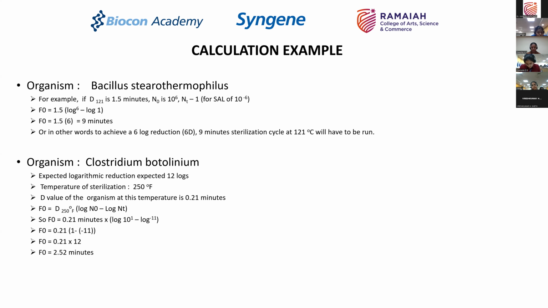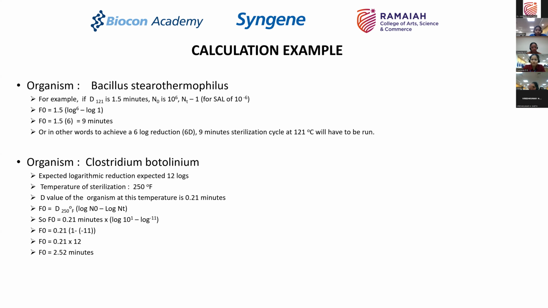So you will take these stereothermophilus biological indicators, place them in various locations in the autoclave, and then subject them to 121 degrees centigrade for a certain time. You know that if I want to reduce by 10 to the power of 12, I need to run a minimum cycle time of 18 minutes. In this case, let's say the biological indicator that you got had this data, that my D121 is 1.5 minutes, and it is a 10 to the power of 12 biological indicator.